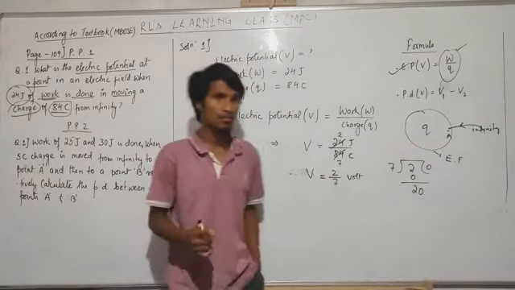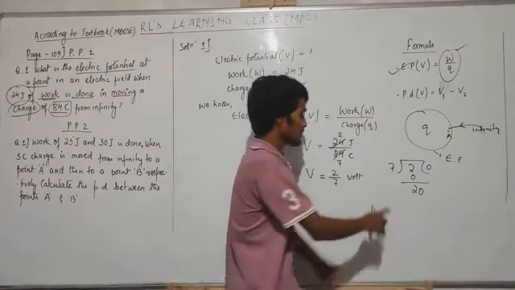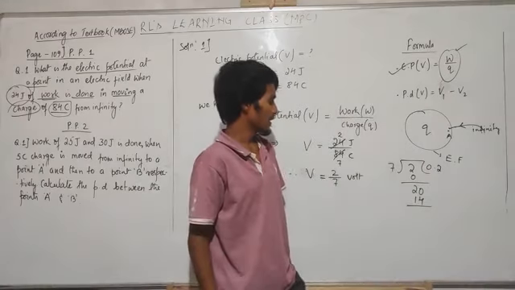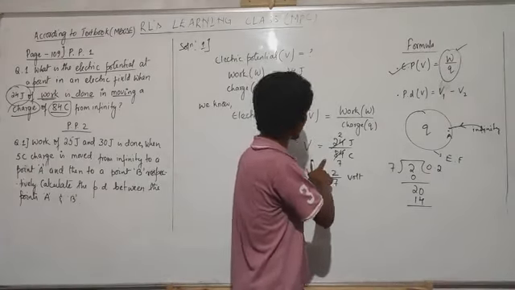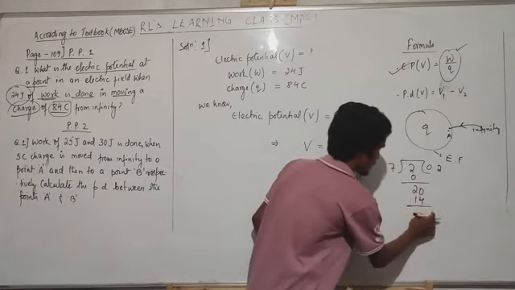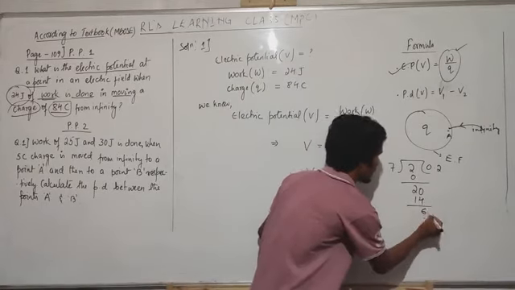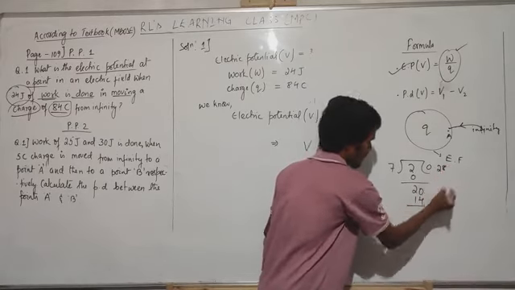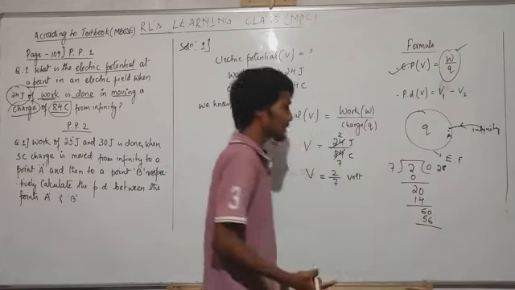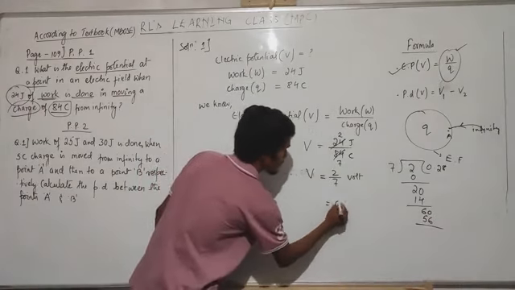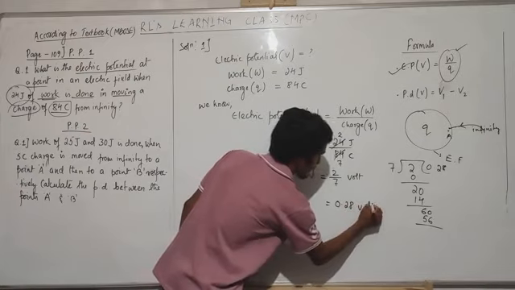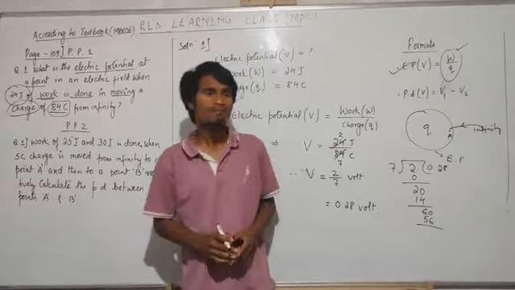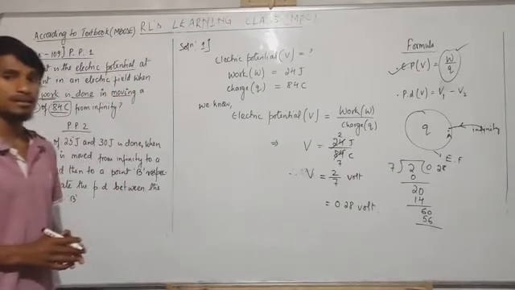Everyone knows how to do division. 7 into 2 is 14, then next 6, then 1, then 0 again. Then 7 into 8 is 56. You keep on continuing, and you will get 0.28 volt. This is the electric potential at this point. This is the answer, and very, very simple.